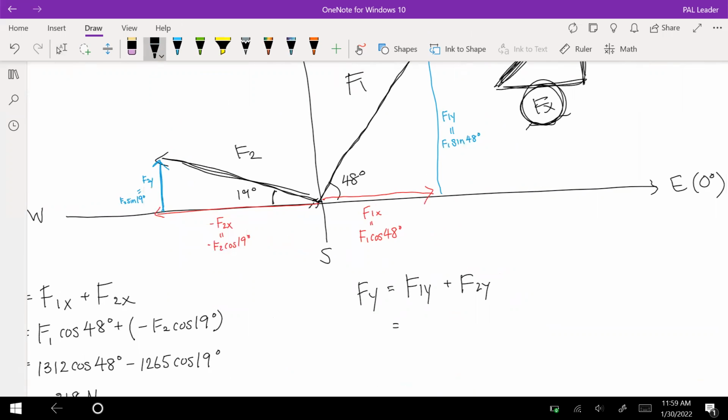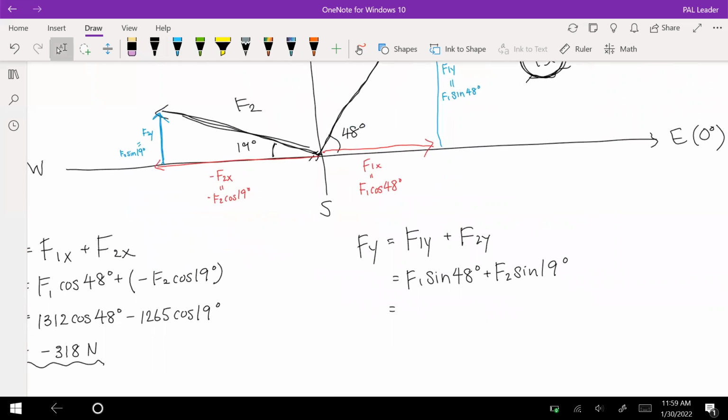To get Fy, we are adding F1y, which was F1 sine 48, plus F2y, which was F2 sine 19 degrees. F1 was 1312 sine 48 plus F2 was 1265 sine 19 degrees.